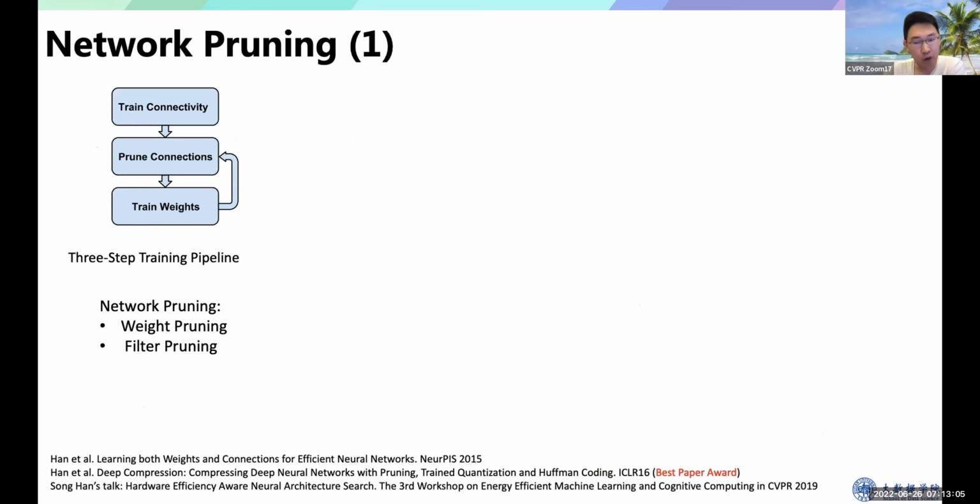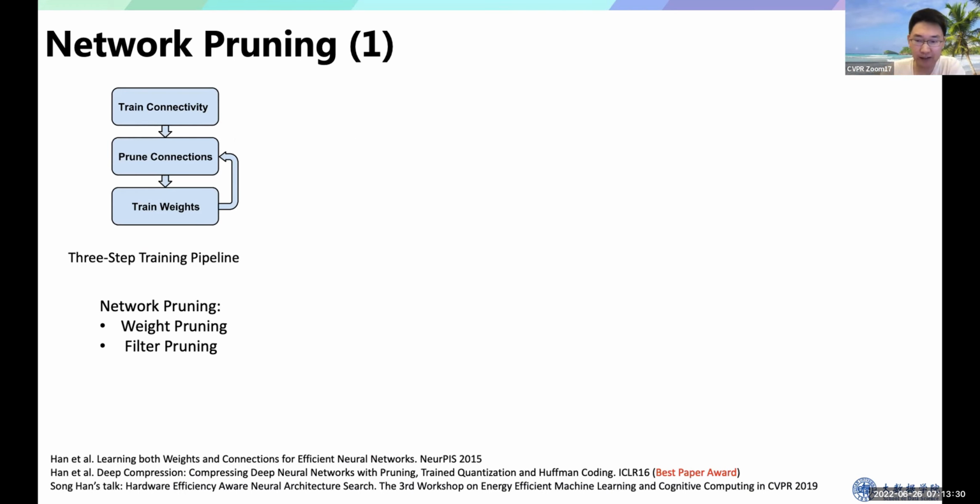As for network pruning, pruning is actually one of the most straightforward and direct ways of producing a light model. And network pruning can be roughly categorized as weight or filter pruning by checking whether removing some structured parameters, such as convolutional layers.